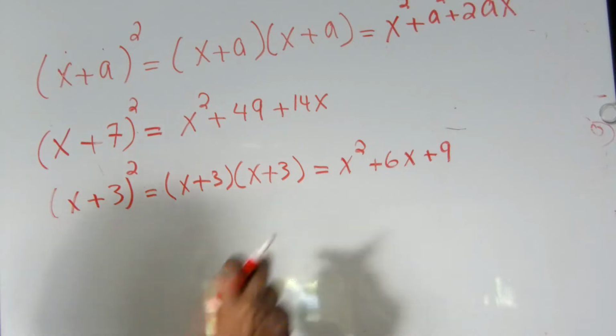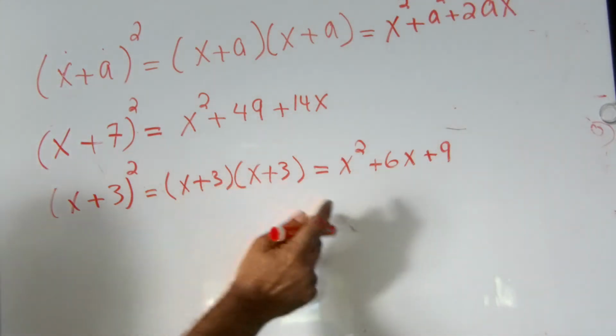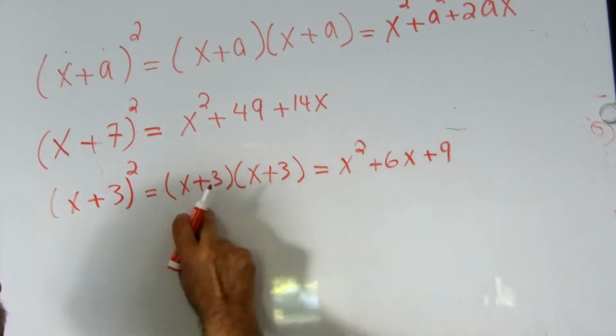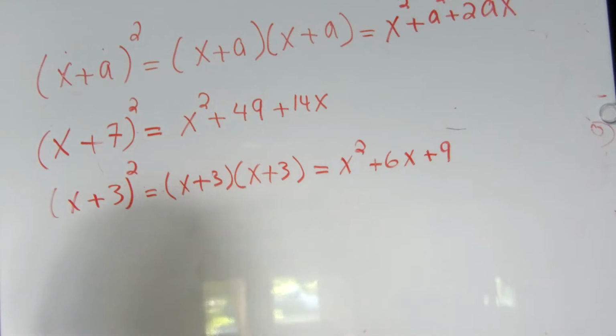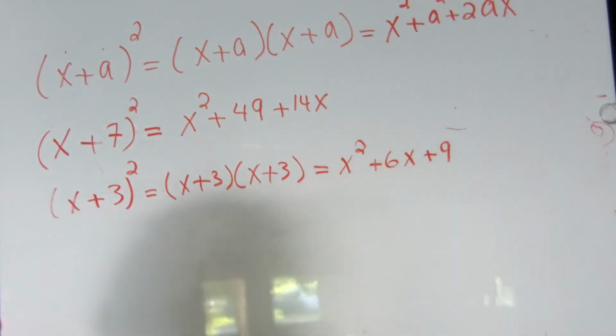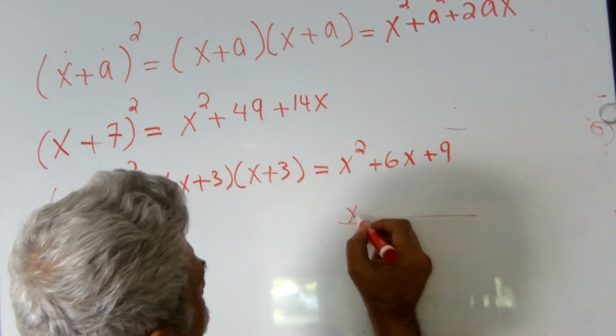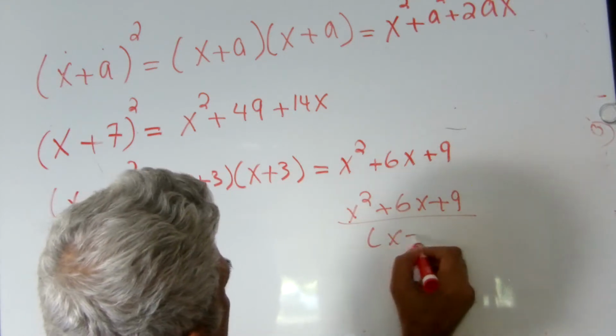So if you want to write it in a standard form or factor form, you can change these two. The reason I say that is that sometimes in algebra you want to simplify, for example, x squared plus 6x plus 9 divided by x plus 3.